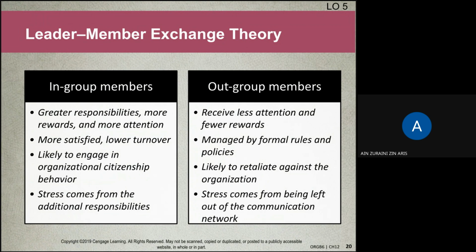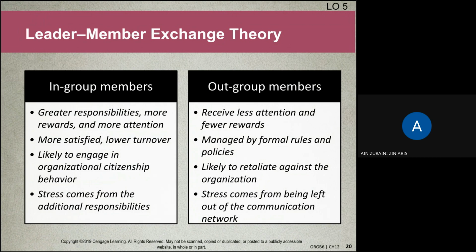They usually receive more attention, trust, support, and decision making opportunities. The relationship is built on mutual respect, loyalty, and trust. In-group members tend to be more motivated and committed to the team. For example, a team leader that regularly checks in with the senior team member, values their opinions in meetings and assigns them challenging tasks with more autonomy.